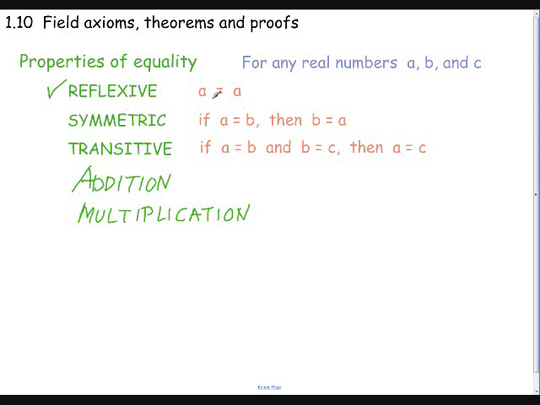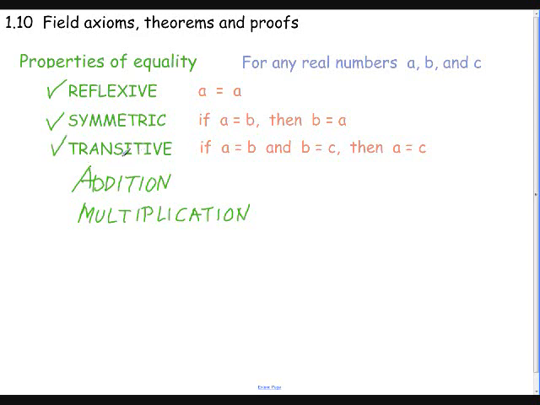It turns out that this is actually a very useful concept when you're doing proofs. Symmetric, that's saying that if A equals B, we can also say B equals A. So these two sides being equal to each other, they are symmetric to each other.